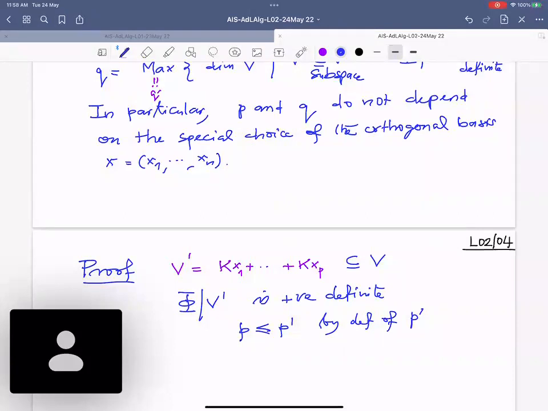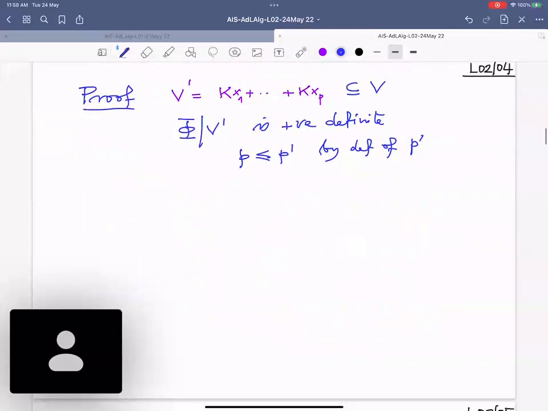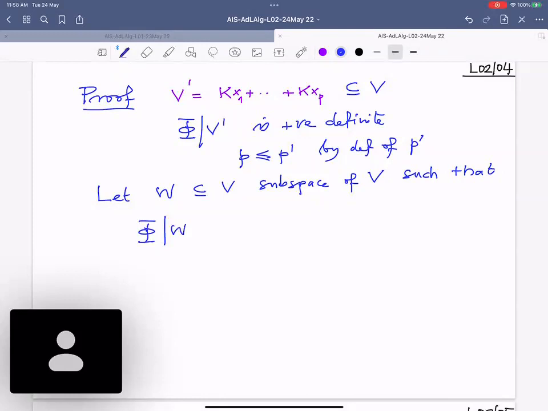But I want to prove the equality, so I have to prove the other inequality. Let us take W, a subspace of V such that phi restricted to W is positive definite.